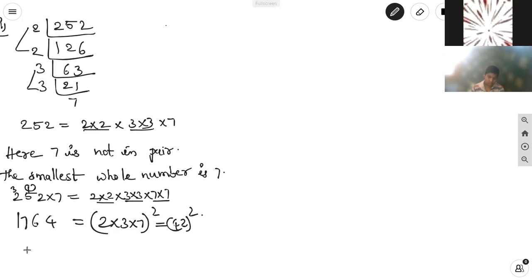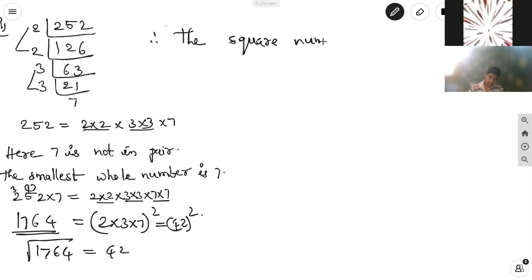From this we can write the square root of 1764 is equal to 42. And 42 square equals 1764. They are asking the square number. The square number is here. Therefore, the square number is 1764.